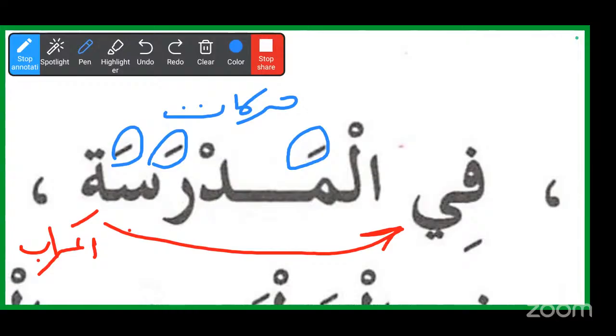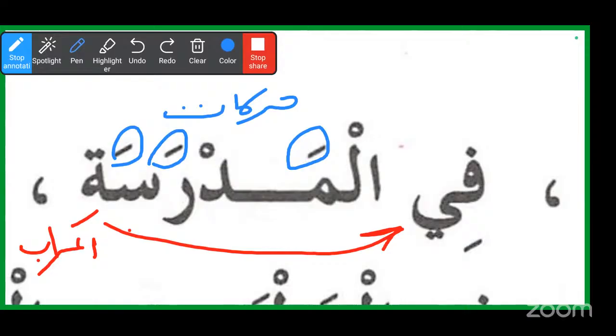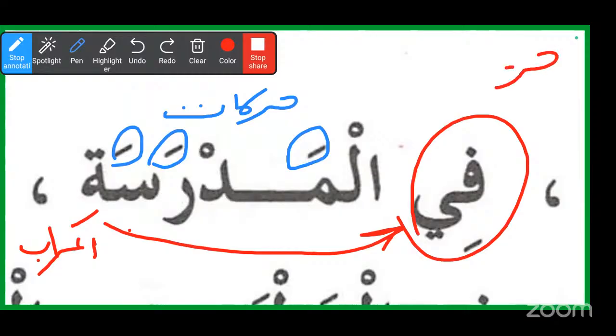It is because of the letter fi before the word, before the noun. Now this word is called harfu jar, harfu preposition.